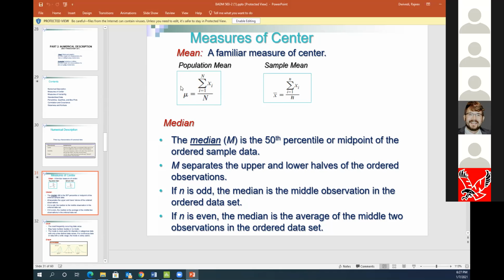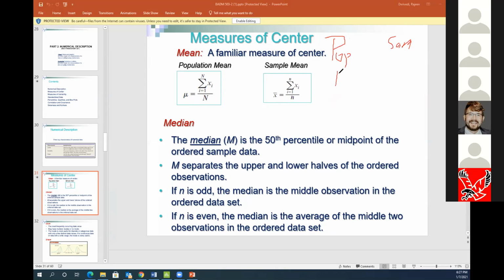So whenever you see these symbols, you can understand which one is population, which one is sample. So there are a few notations we have to understand and always keep in mind.